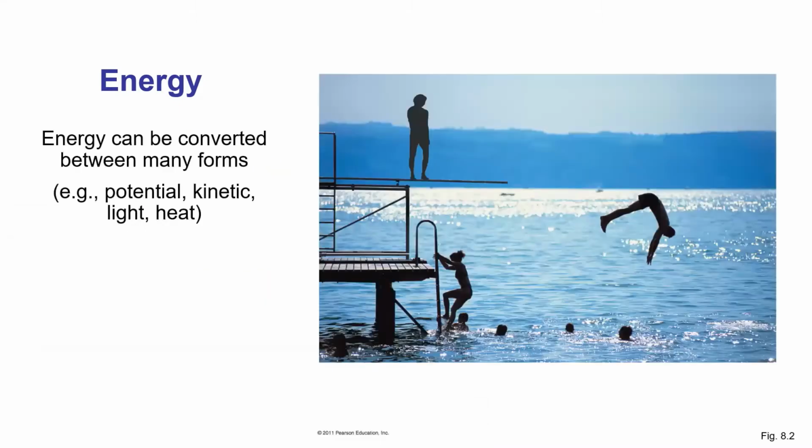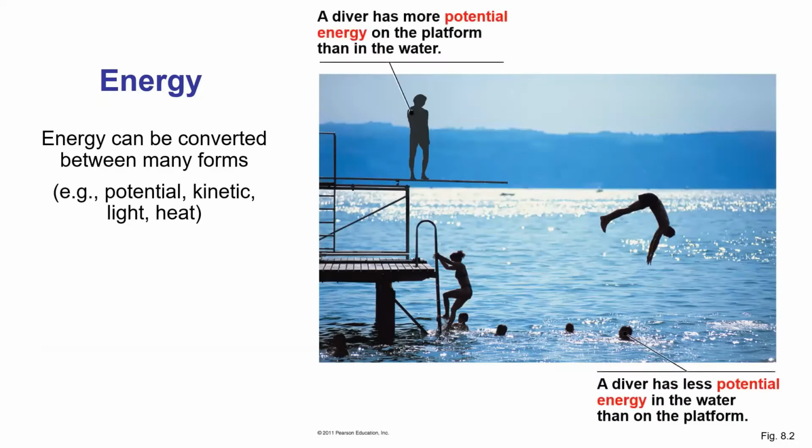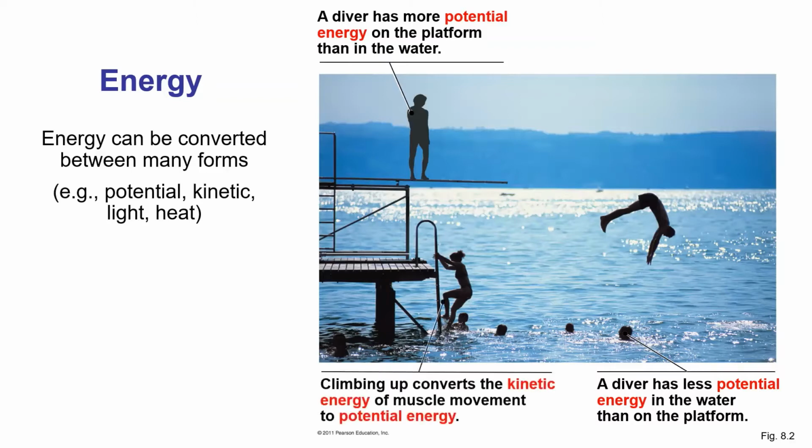So here's a little diagram from the textbook, by the way, talking about energy. And you can see that we have some different divers. For example, we have a diver in the water and a diver who's high up on the platform. And so the diver in the water has low potential energy, and the diver high on the platform has stored potential energy. How did he or she get there? Basically by climbing the ladders.